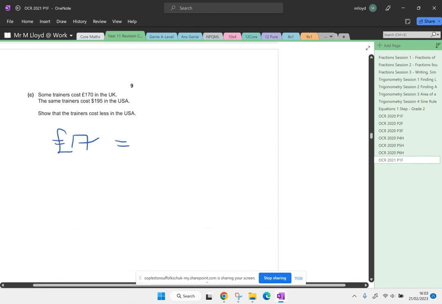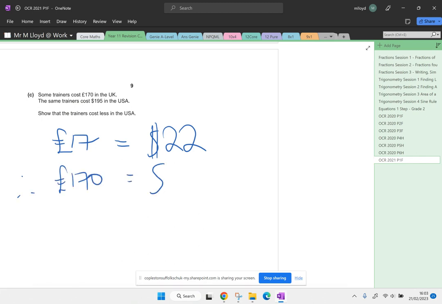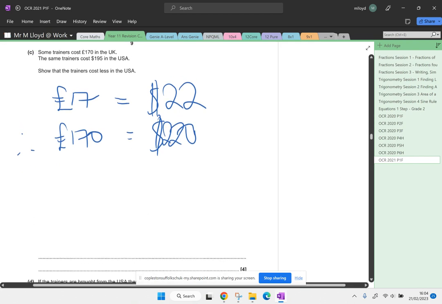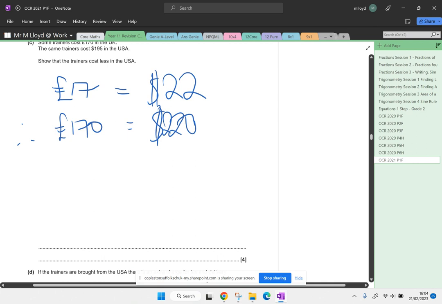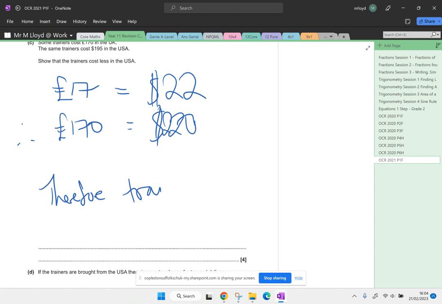So £17 equals $22. Therefore, £170 is equal to $220. Okay, and also, therefore, the trainers cost $25 less.